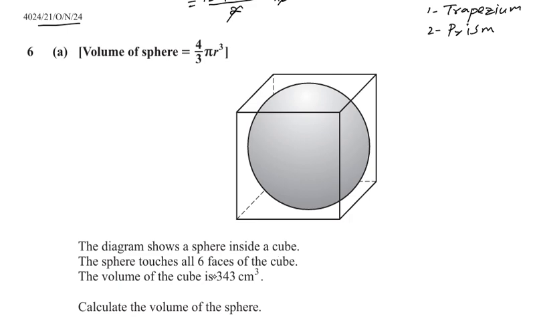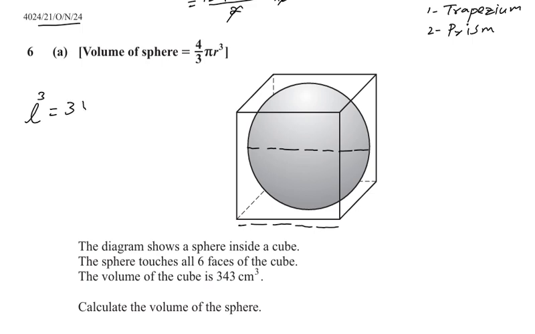When we say that the sphere touches all 6 faces of the cube, you must understand that the diameter of the sphere will be equal to the length of one side of the cube, this length, and the volume of the cube is 343 centimeters cube. So to find the length, what do we have? We know that L cube is the volume of a cube because all sides are equal.